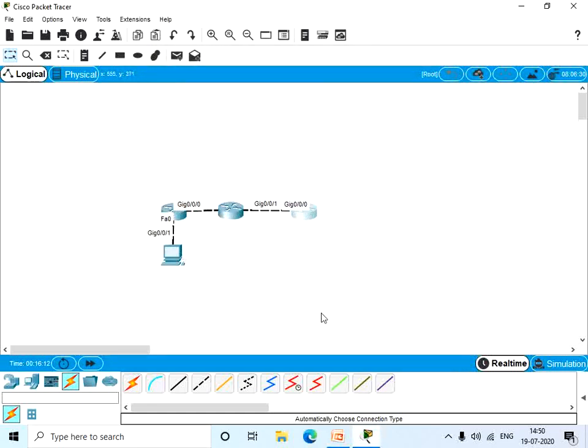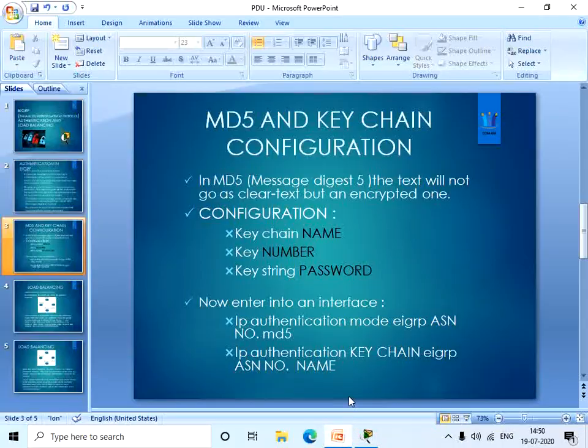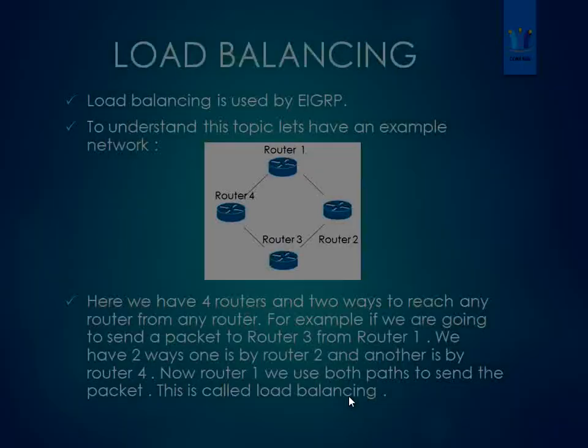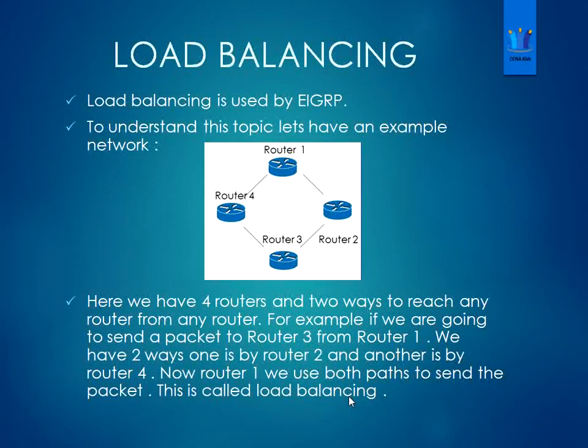So now let's see about load balancing. Load balancing is used by Eigrp. To understand this topic, let's have an example. So here we have 4 routers, and we have 2 ways to reach any router from any router.